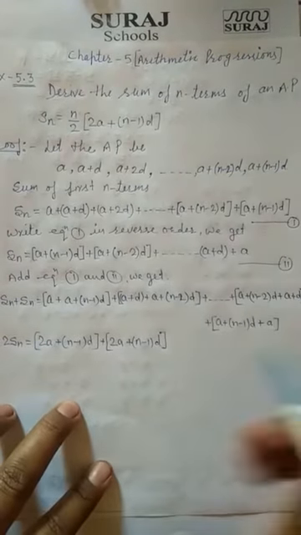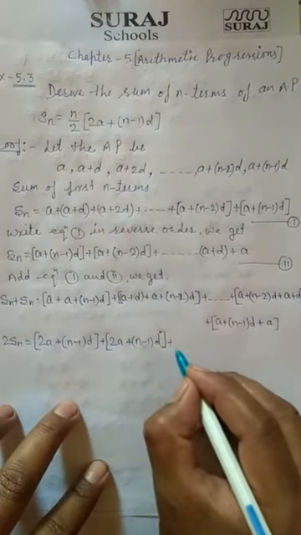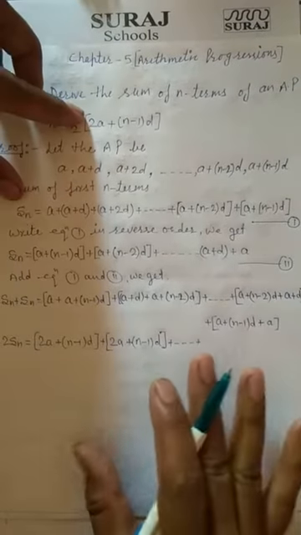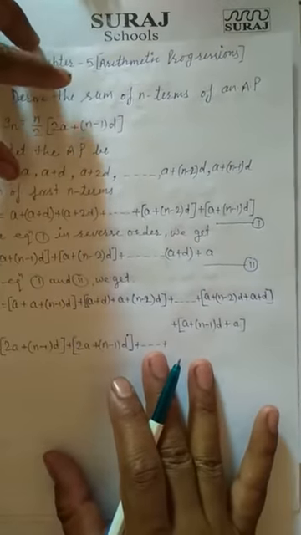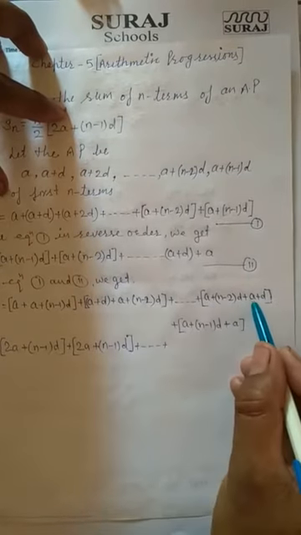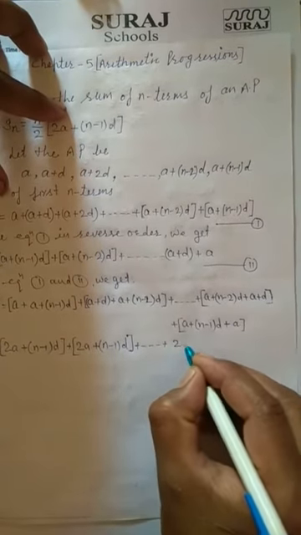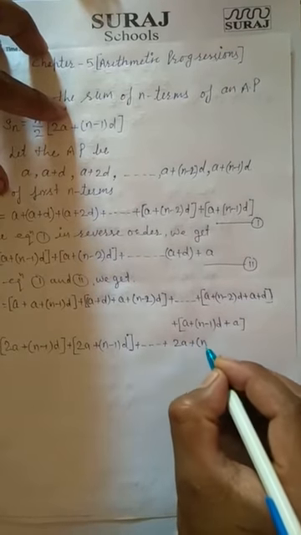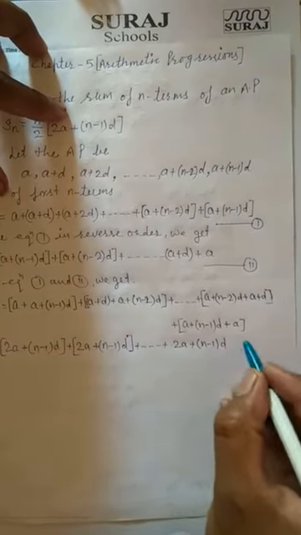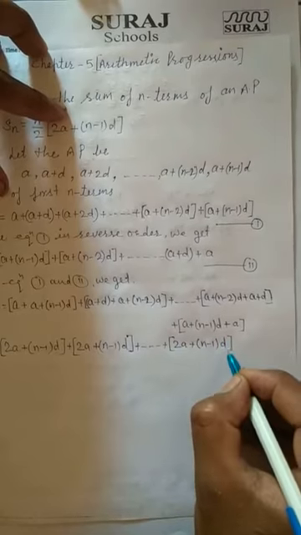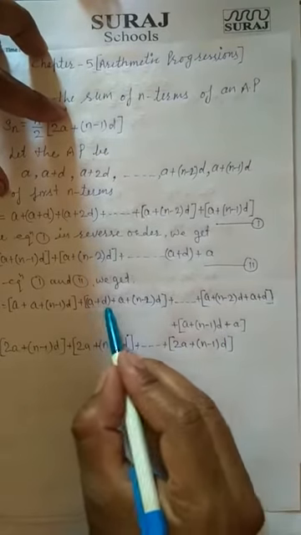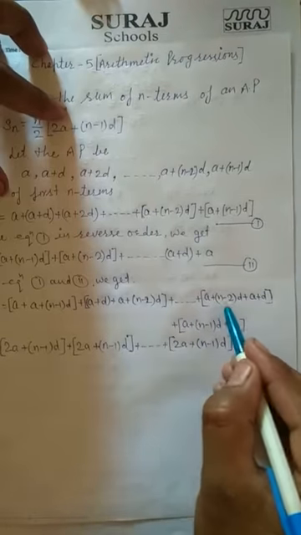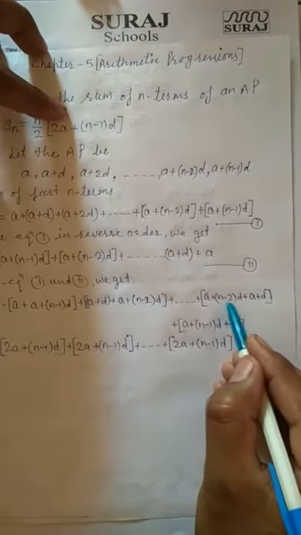Okay. Plus, and so on, plus. The same here as it is. a plus a is 2a plus (n minus 1) into d, because the same term is there, a plus d and a plus (n minus 2) into d.